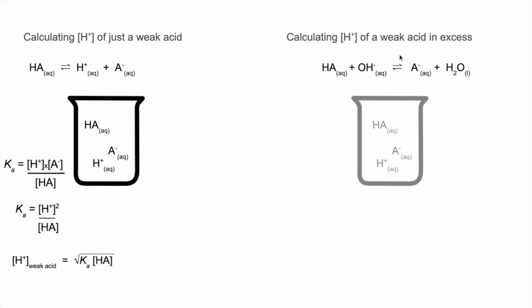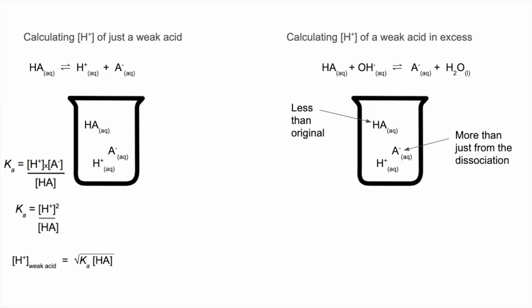And the important thing to note is the HA concentration is going to be less than the original concentration of the acid because some of it's reacted, and the A minus concentration is going to be more than just from the dissociation because A minus is a product of the reaction.